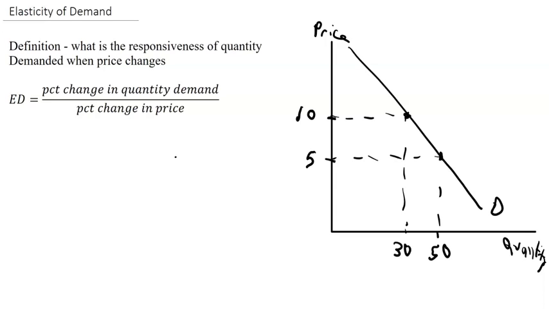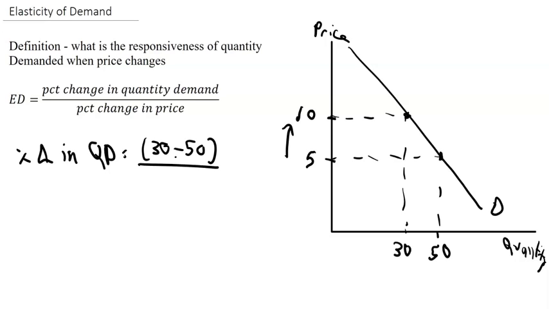Now, if we use the conventional percentage change in quantity demanded and percentage change in price, we would find that the percentage change in quantity demanded, the delta sign stands for change, would be the new quantity minus the old quantity divided by the old quantity times 100.